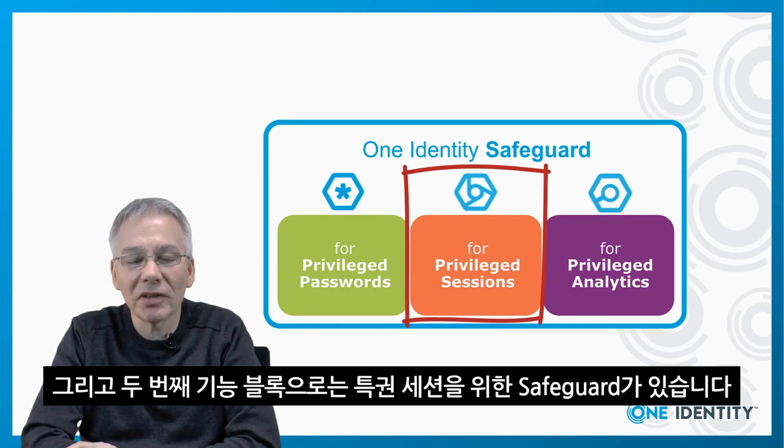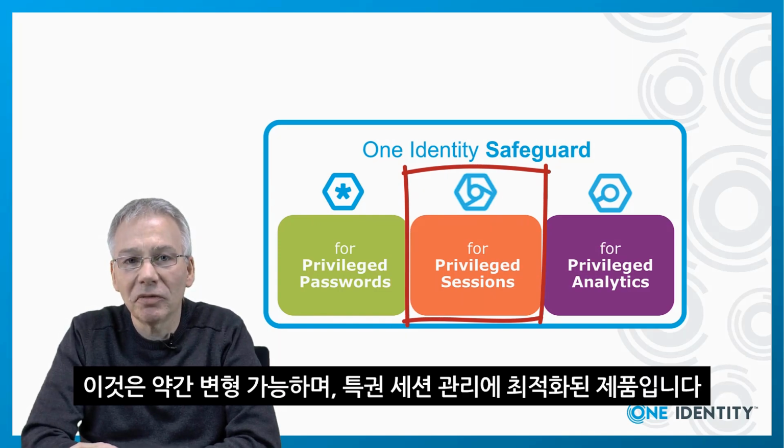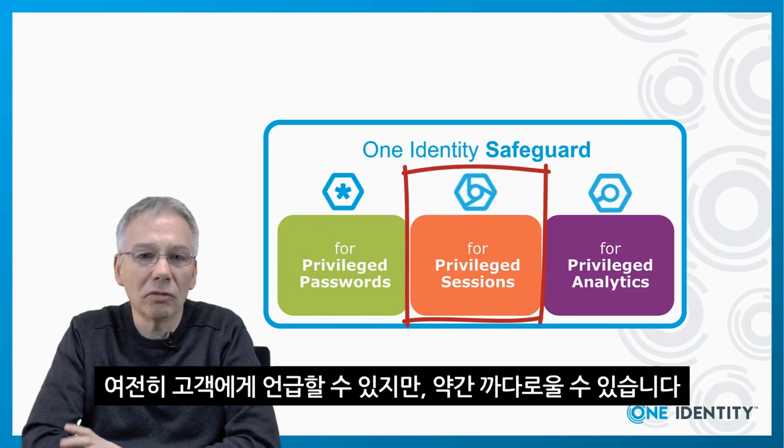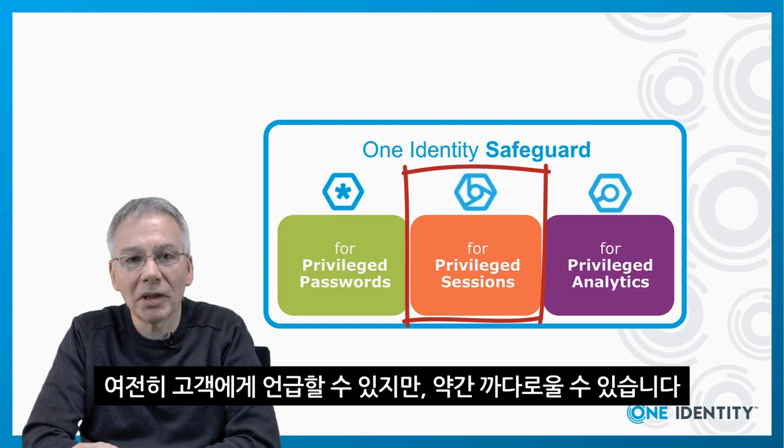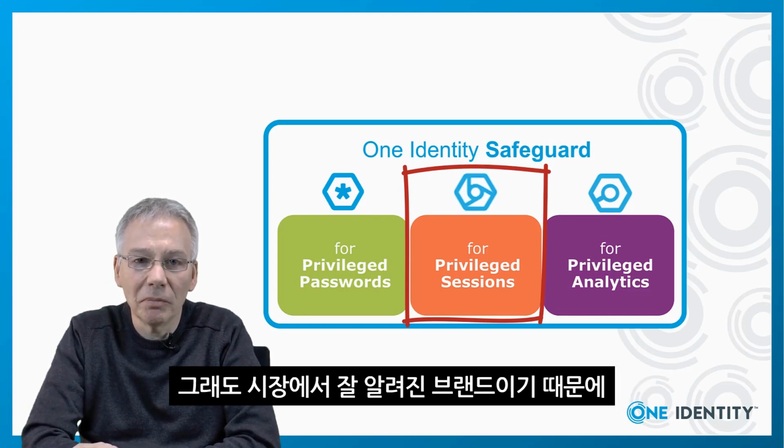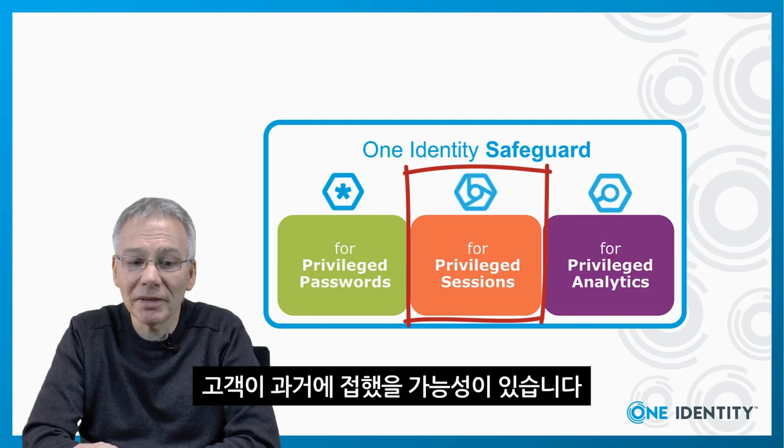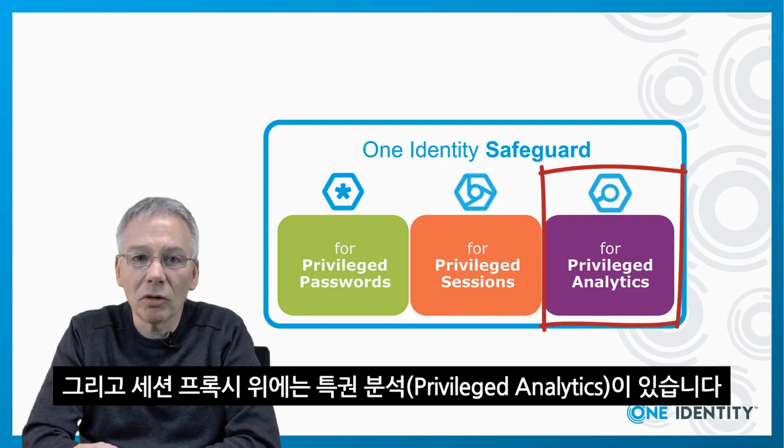And of course, as a second functional block you have the safeguard for privileged sessions. This is the former Balabit product. You can still mention this to customers. Balabit is a very good and well-known brand in the market, so maybe the customer has come across it in the past.